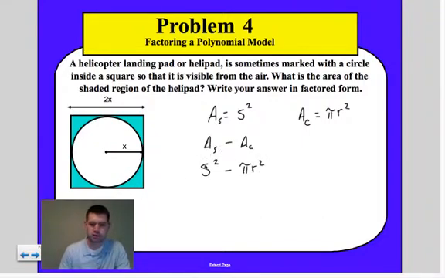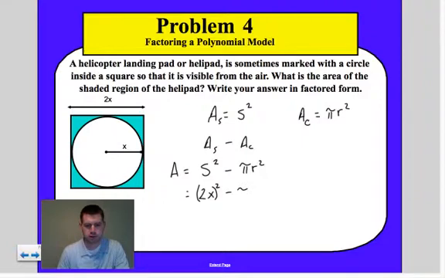Now we want to get some like terms, so we're going to just put a big A here for our area. Well, we have everything here labeled as x's, so our side is 2x. So what I'm going to do is I'm going to write (2x) squared, and I'm going to put that in parentheses because the side is 2x and the side's being squared.